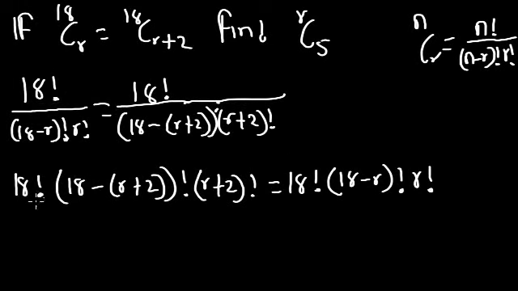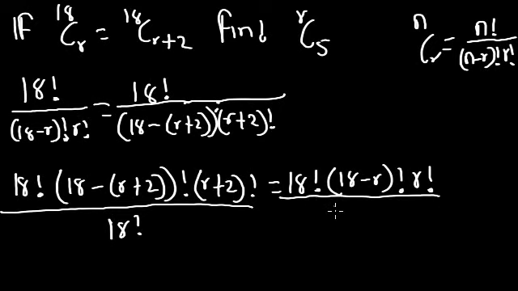Perfect. Now you can see that 18 factorial is on both sides, which implies that if I divide both sides by 18 factorial, then we will be able to get rid of the 18 factorial on both sides. So this cancels out and this cancels out.